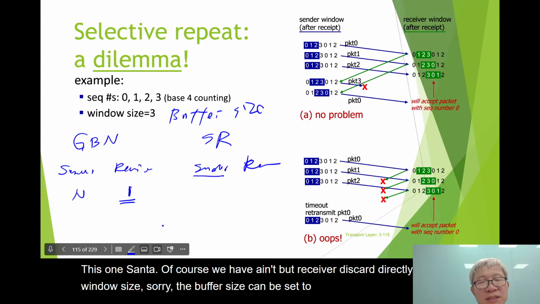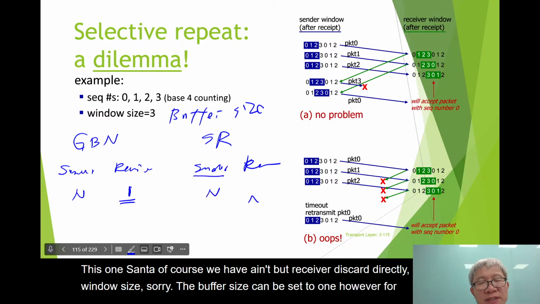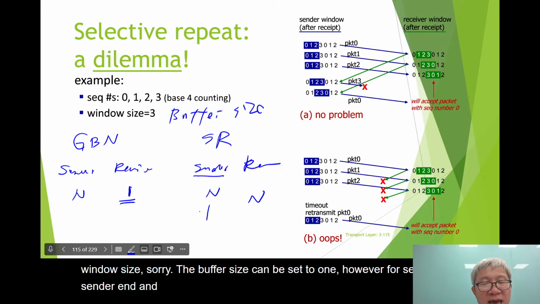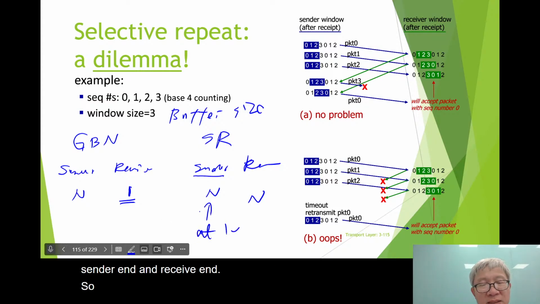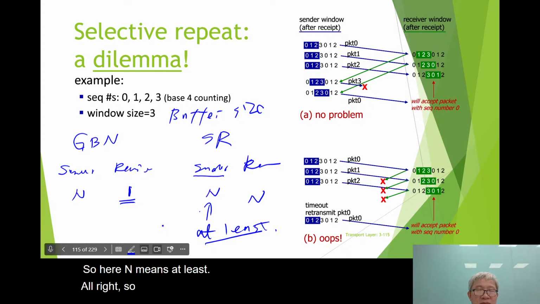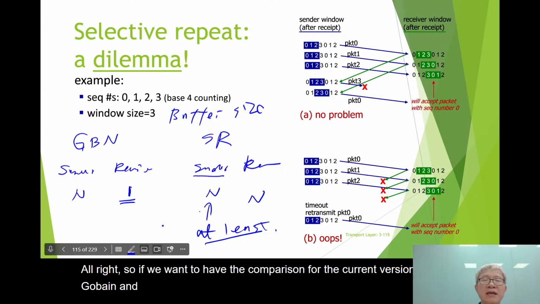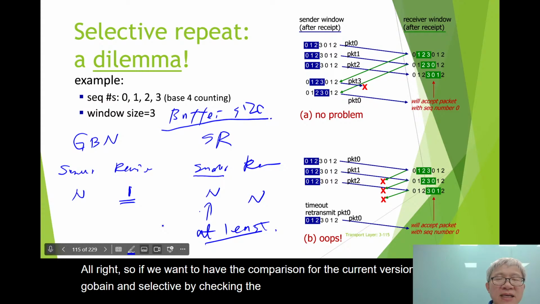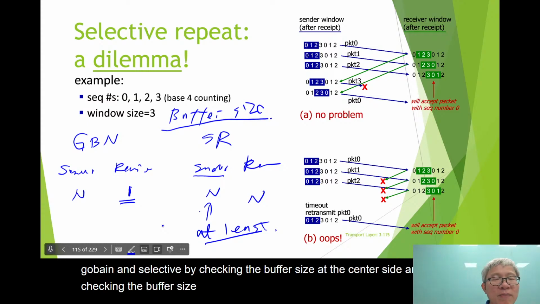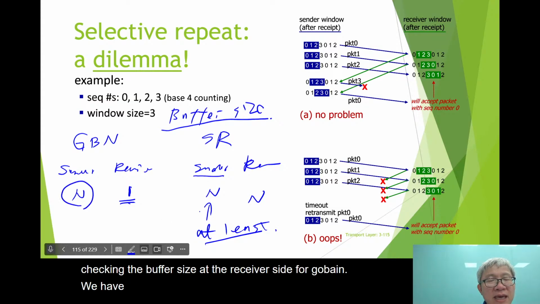However, for selective repeat, sender N and receiver N. So here N means at least. All right, so if we want to compare the current versions of go back N and selective repeat by checking the buffer size at the sender side and at the receiver side: for go back N, we have N for the sender and 1 for the receiver.